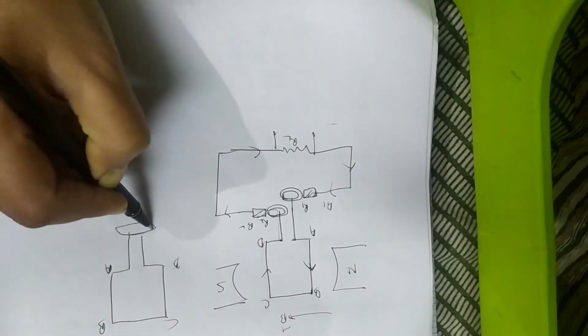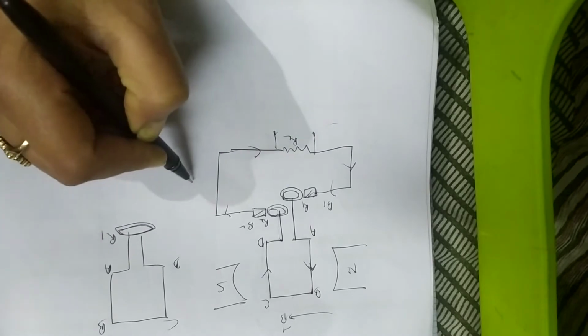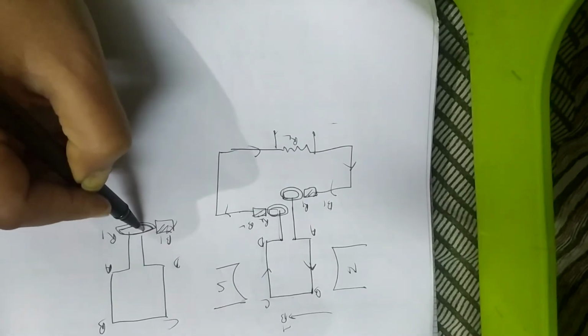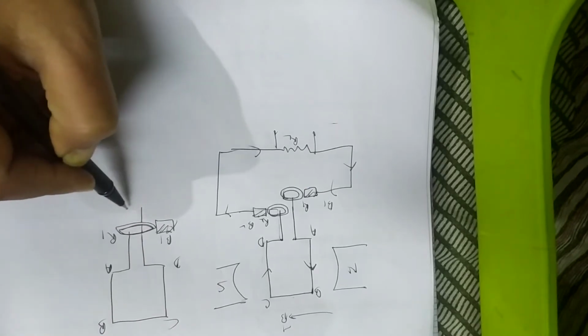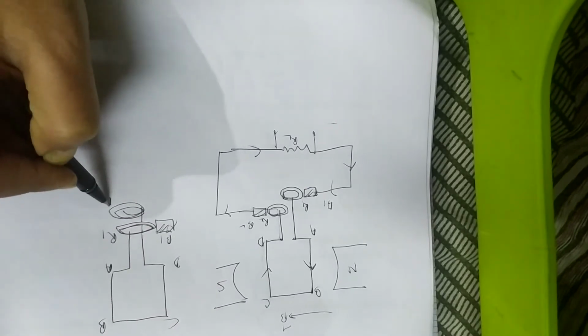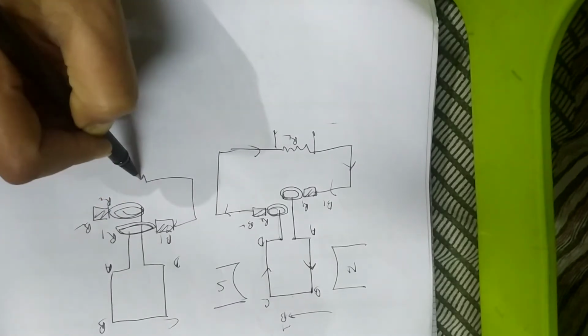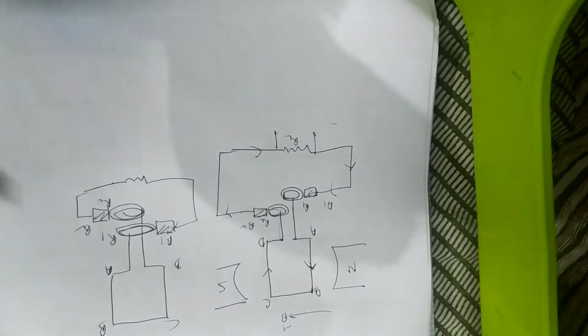If AB is attached to ring R1, it remains attached to ring R1, which is further attached to brush B1. Arm CD will be attached to ring R2, which is attached to brush B2. And here is the load across which the output is obtained.